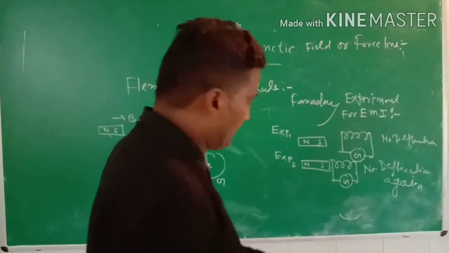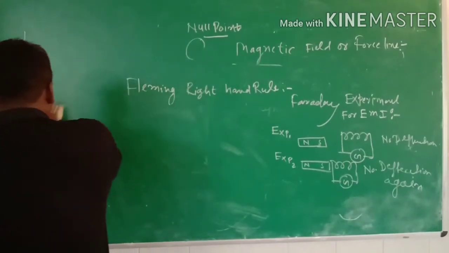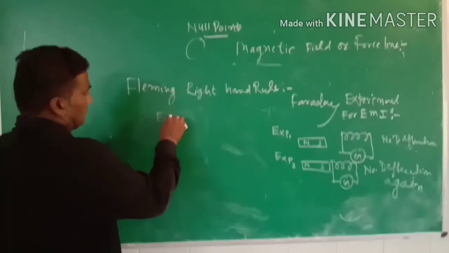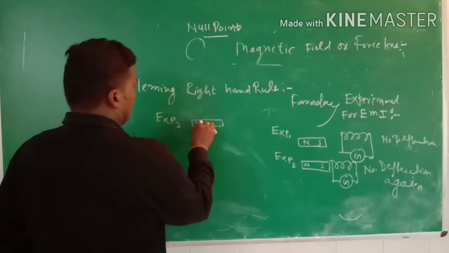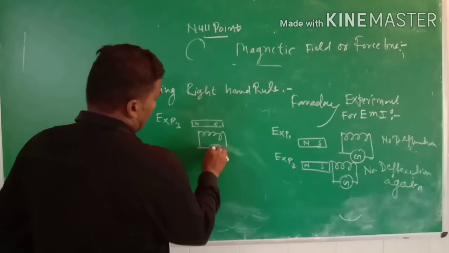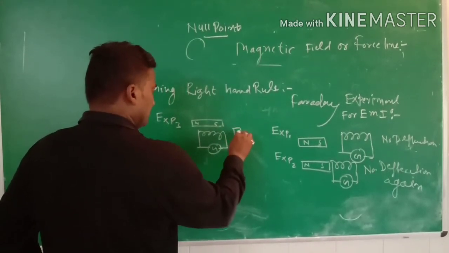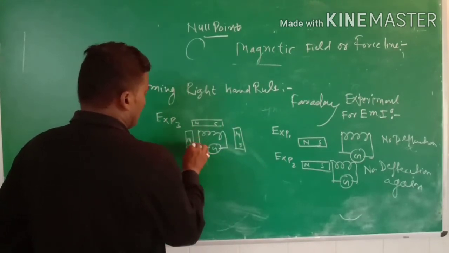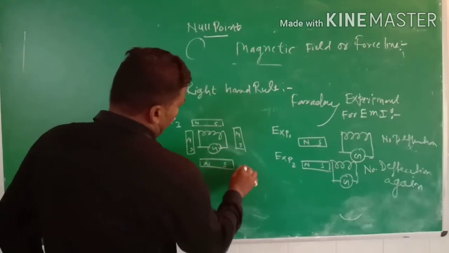In experiment number 3, the bar magnet is moved around the circuit in a different direction, and again we observe no deflection.